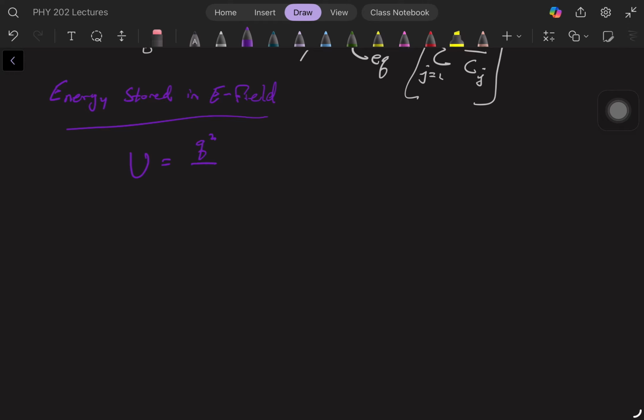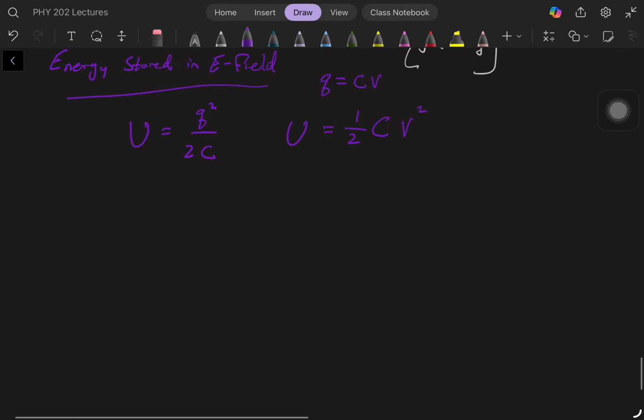So we have U equals Q squared over 2C, which, if we have Q is equal to CV, we can also rewrite as U is equal to 1/2 C times V squared. And so these are both the same expression.